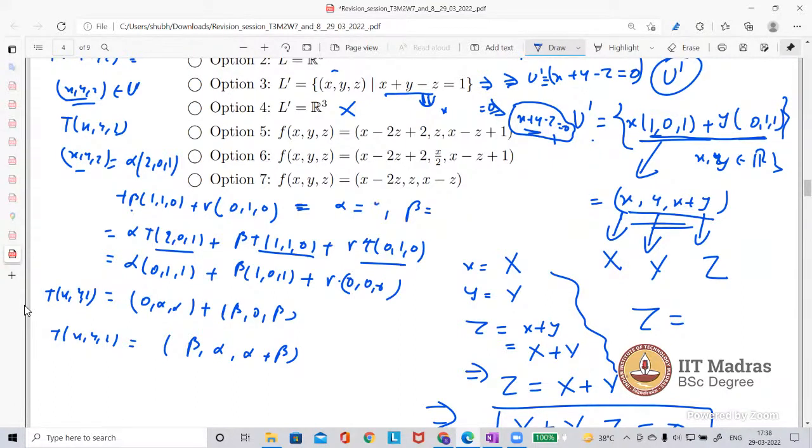Alpha is y, beta is x, just equate and let me know what is happening. So x, y, x plus y. Alpha is equal to y, and gamma equals alpha plus x.